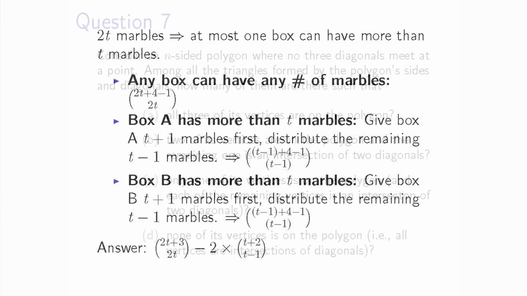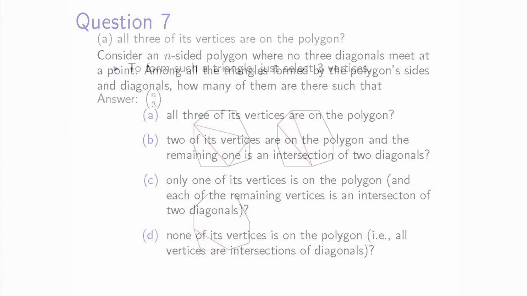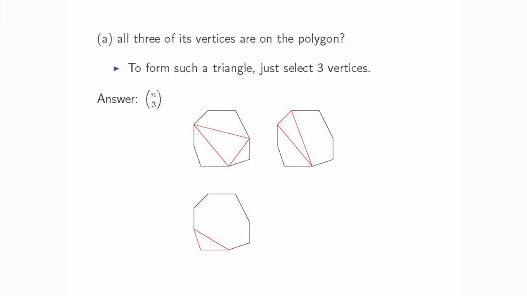So for the final question, I will talk here. Consider that we have an n-sided polygon, and no 3 diagonals meet at 1 point. Among all the triangles formed by the polygon sides and diagonals, how many are there such that, in the first case, all 3 vertices are on the polygon?